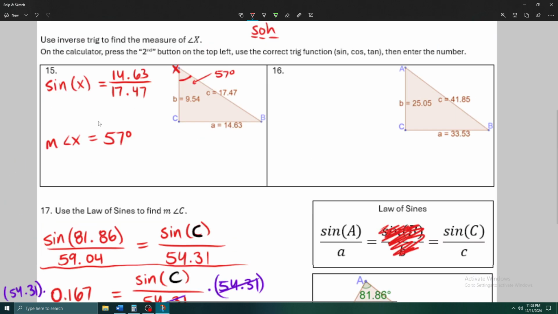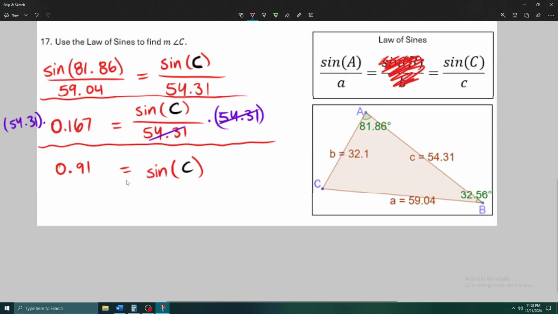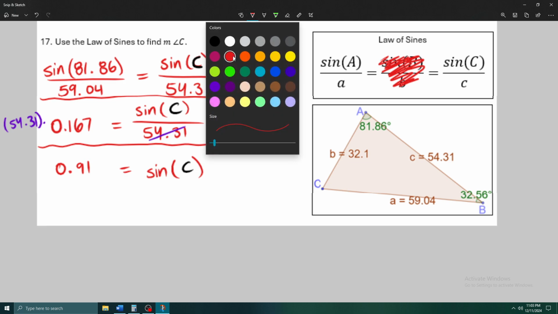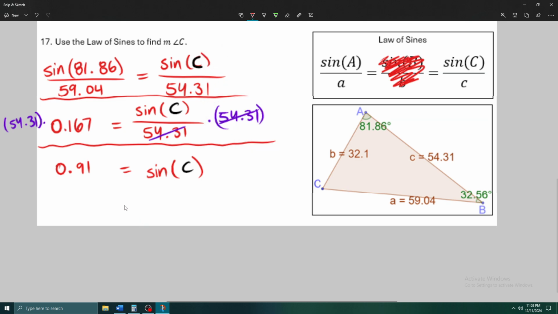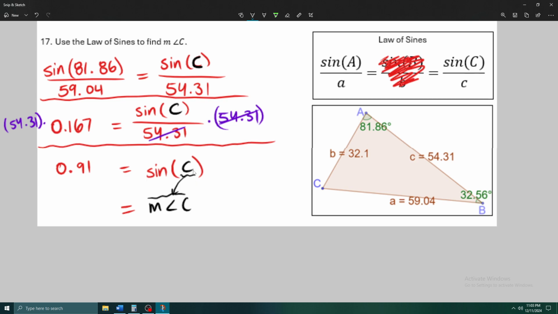The last step. Again, if this was easy, you're on easy street now, right? Why don't I take the inverse sine of both sides? On the right-hand side, when I do that, I'll get rid of that sine right there. So forgive me for not doing the entire algebra rigmarole, and also for kind of deceiving you. That C, really what I'm saying is I'm calling it the measure of angle C, right?